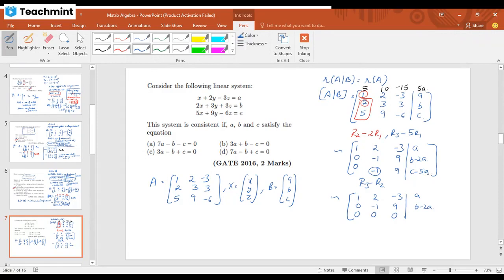Now C minus 5A minus B plus 2A, so this is C minus B minus 3A.